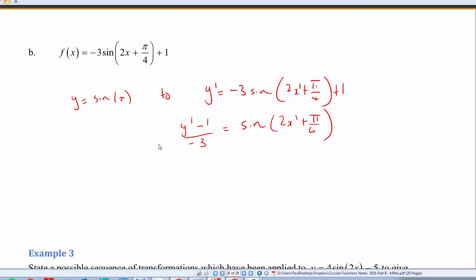Alright, these are now ready to pair off. So I'm going to say that y is y dash take 1 over -3, and x is, so this x pairs off with this, x is 2x dash plus pi on 4.